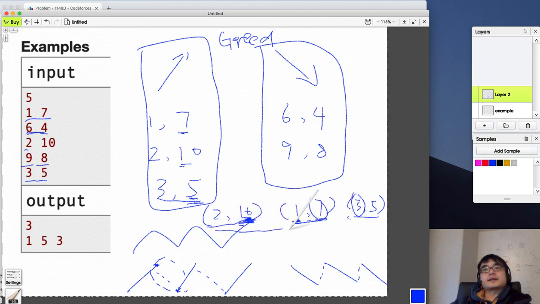As we can see, all of them satisfy the constraint. So the longest sequence we can have is 6 numbers, right? So we output 3 and output the indices, right?